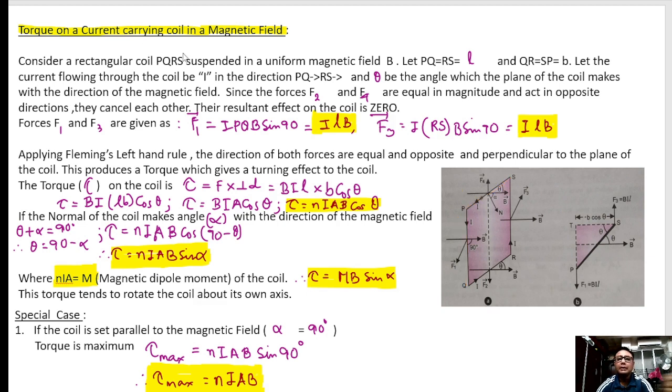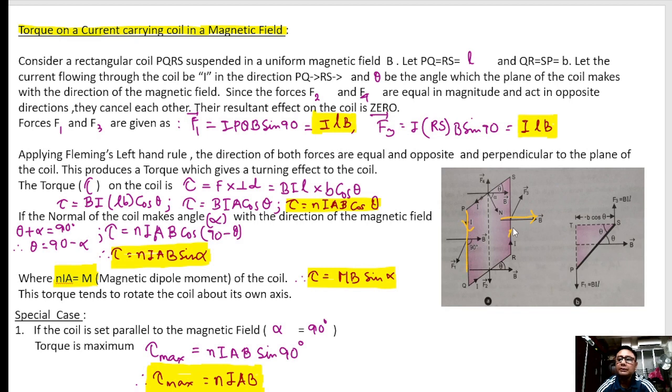Now we have taken a coil PQRS in a magnetic field B, such that B makes an angle theta with the plane of the coil. Now please watch one important thing: let the current in the part PQ flow like this.